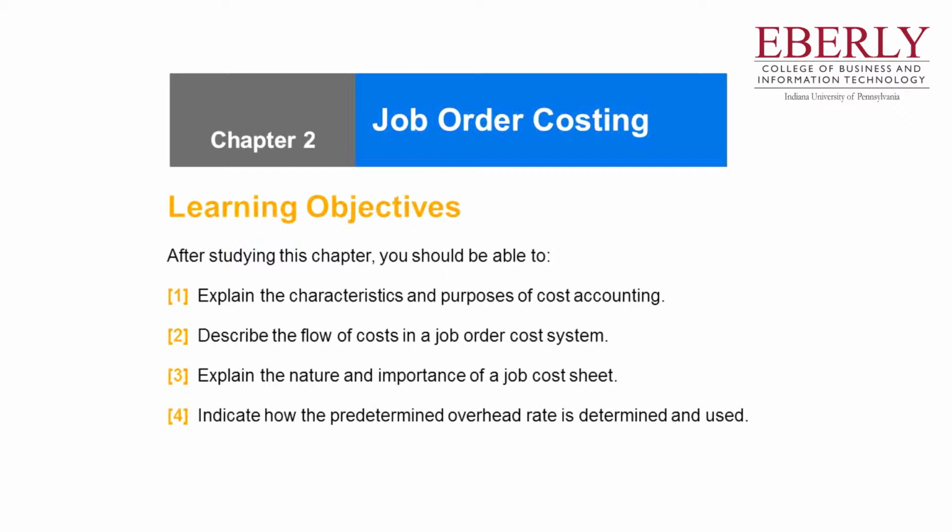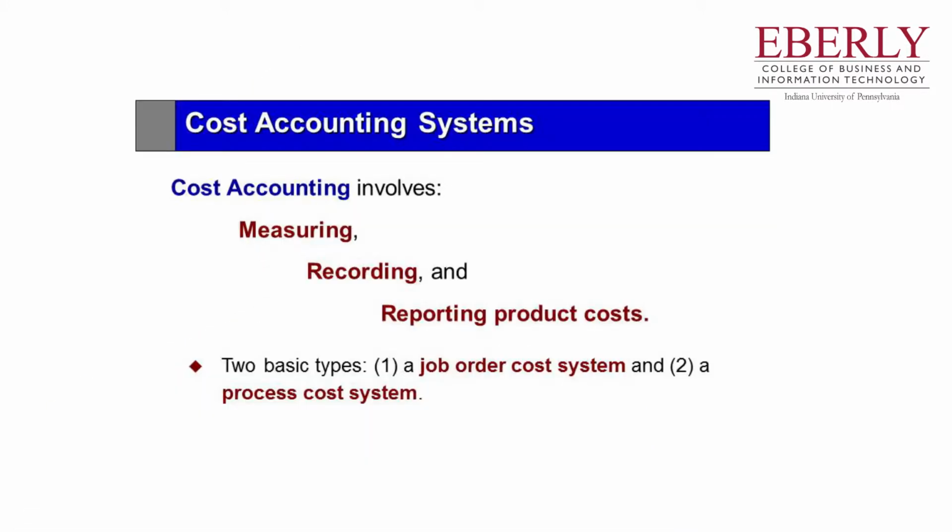We'll explain the flow of cost in the job order cost system and preparation of the job cost sheet. Within that, how to accumulate the cost using the predetermined overhead rate and how it is applied to a job will also be discussed.